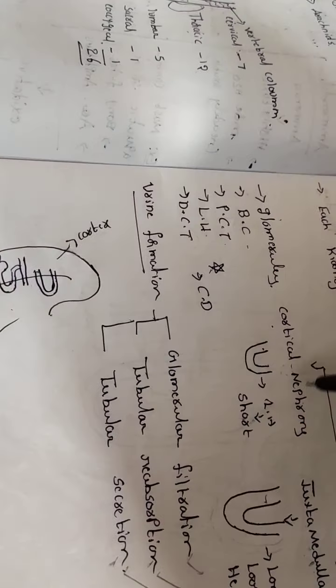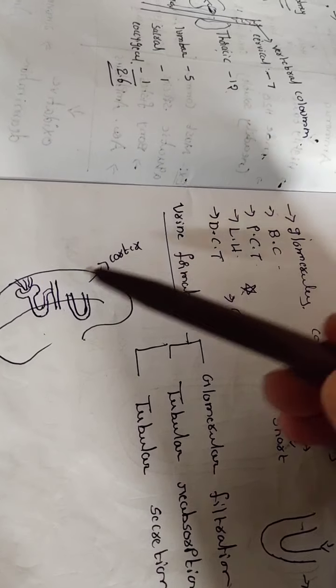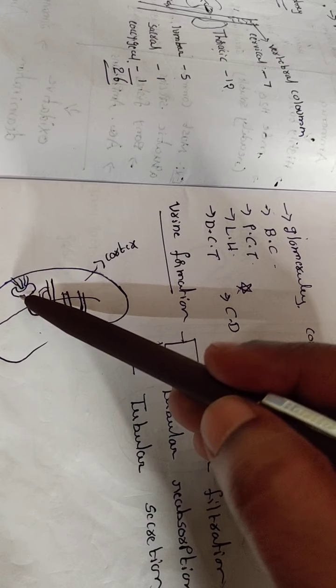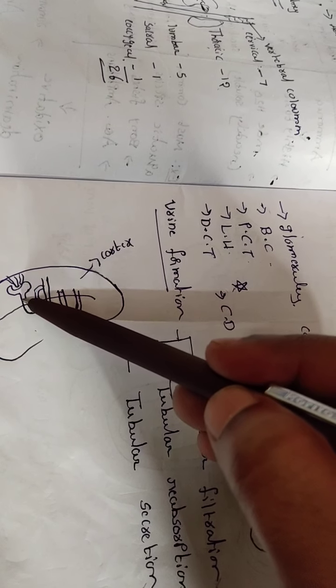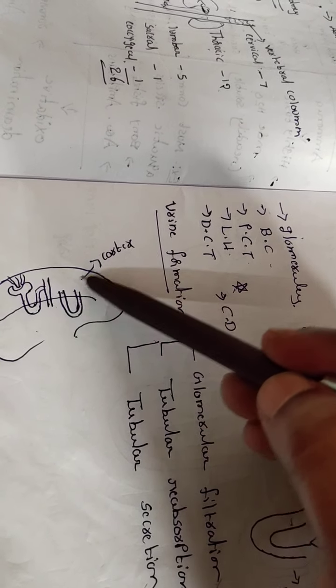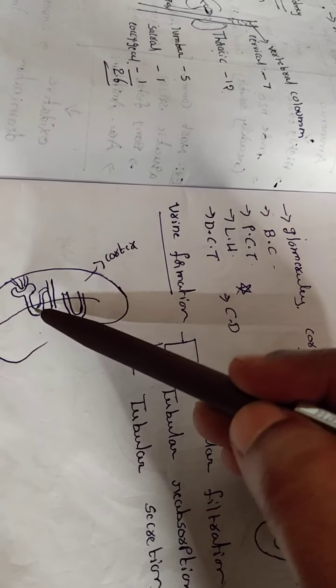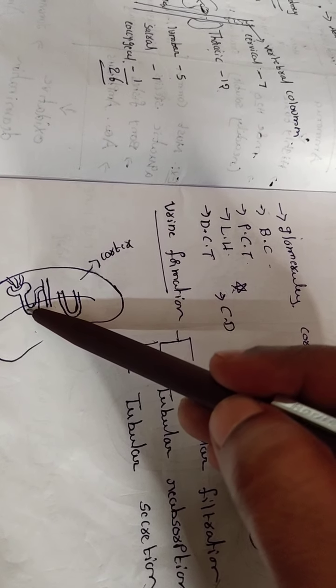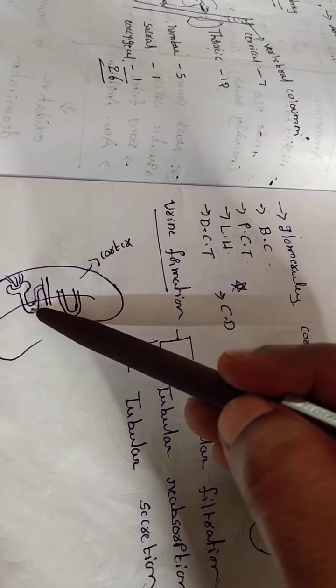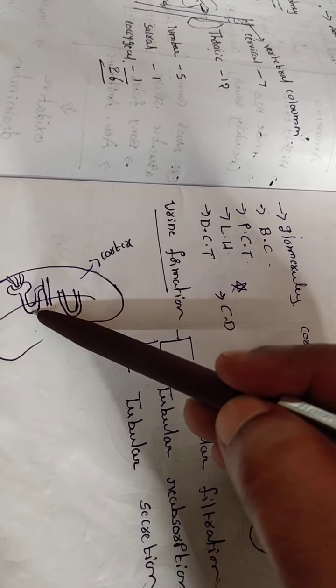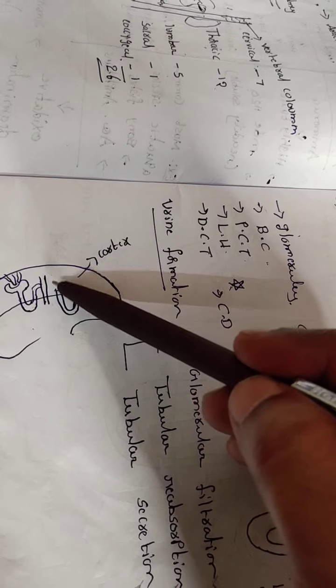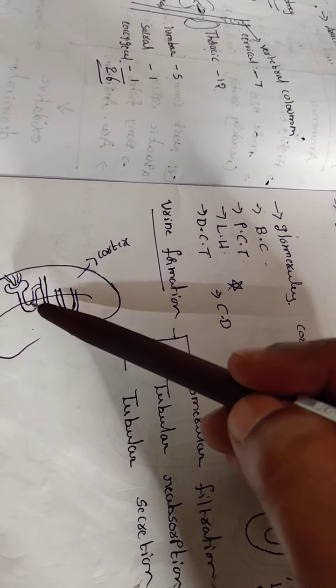Here the glomerulus, Bowman's capsule, PCT and DCT are present in the cortex region. The loop of Henle is present in the medullary region. The collecting duct is present in both the cortex region and the medullary region. You have to remember these regions.